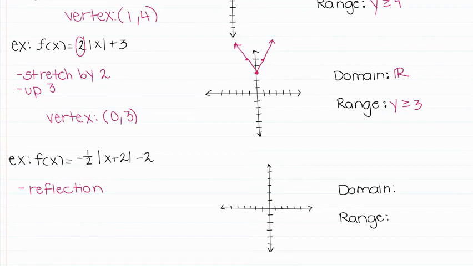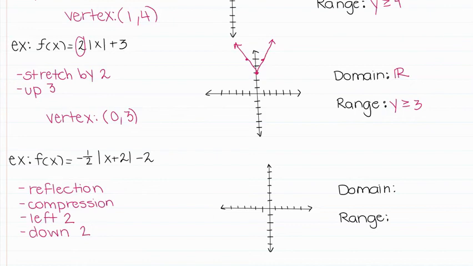Then we have a 1/2, which would be a compression. So what that means is it's going to be less steep, so it'll be more wide. We have an x plus 2 inside, so that means it's going to go left 2. And then we have negative 2 on the outside, which means it will go down 2.